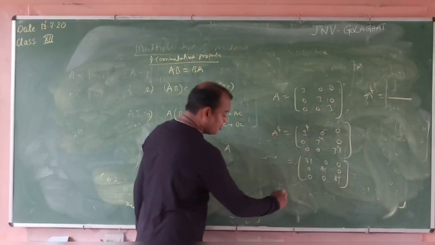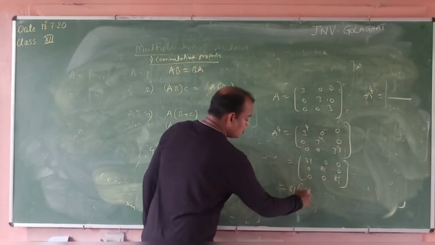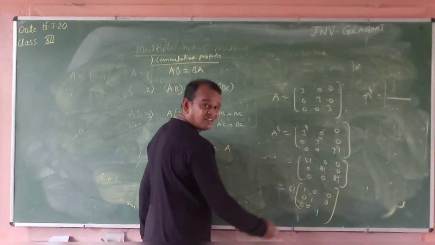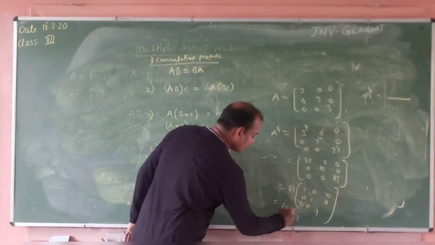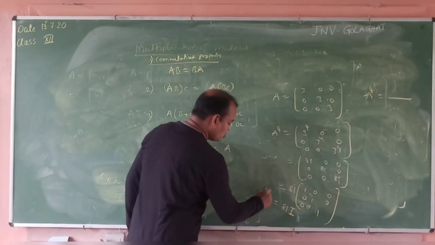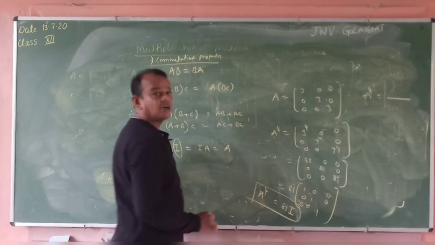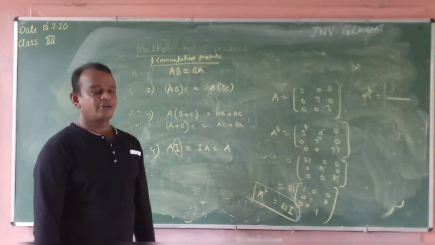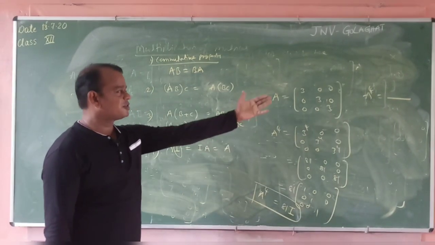Now taking 81 common, we get 1, 0, 0, 0, 1, 0, 0, 0, 1. What is this? Identity matrix, that is 81I. A power 4 is equal to 81I. This type of question is asked in the examination and also at mains level.